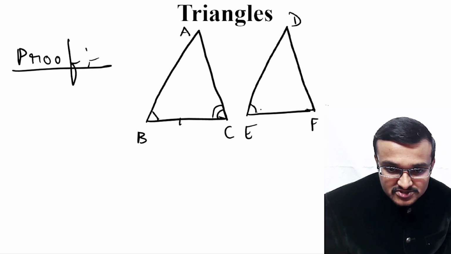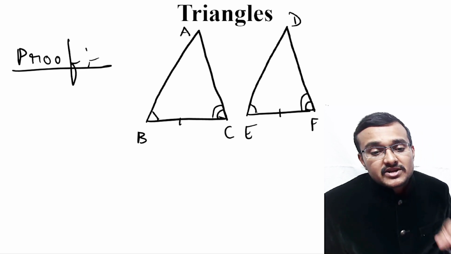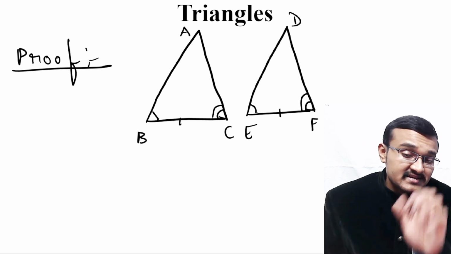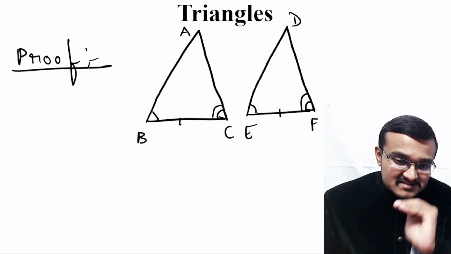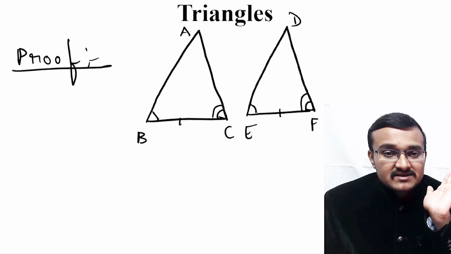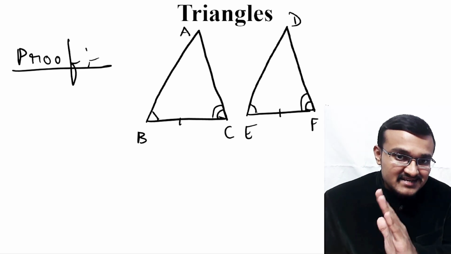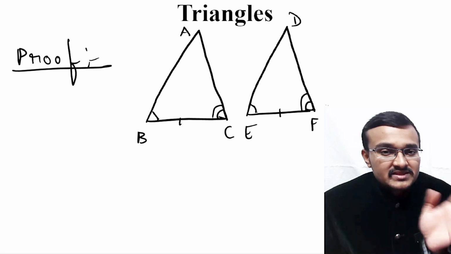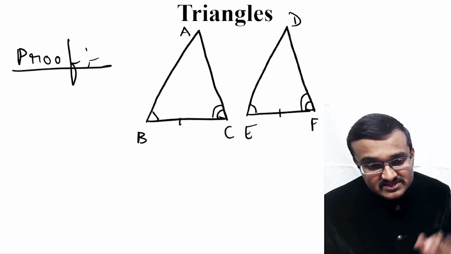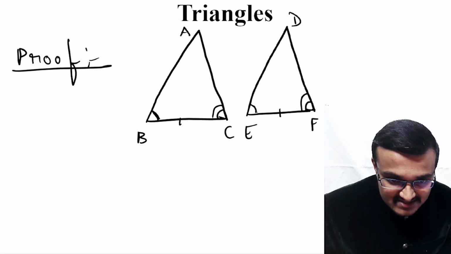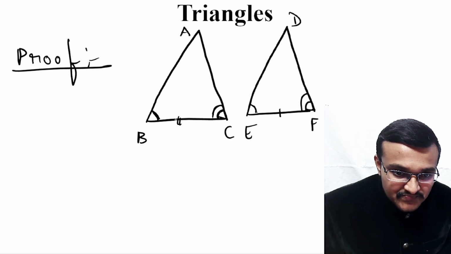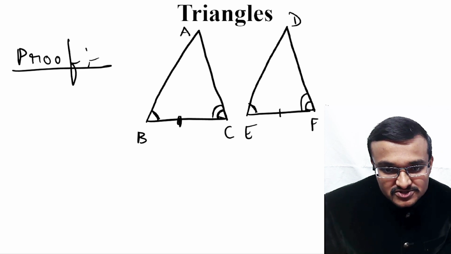Here also I'll consider this angle, this side and this angle. In the theorem, we have that angle side angle of two triangles are equal to the corresponding angle side angle of the other triangle, then those two triangles will be congruent with each other. So this is the angle side angle I am considering, and here also I am considering angle side angle.